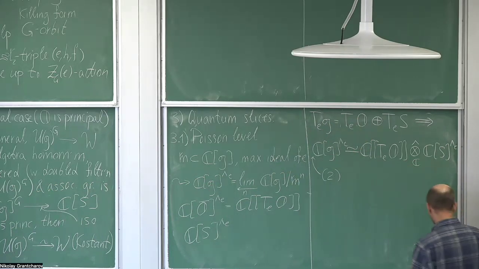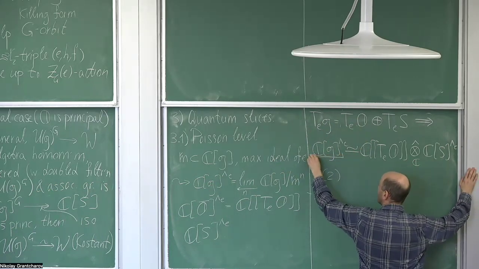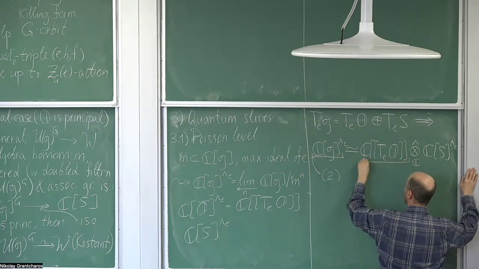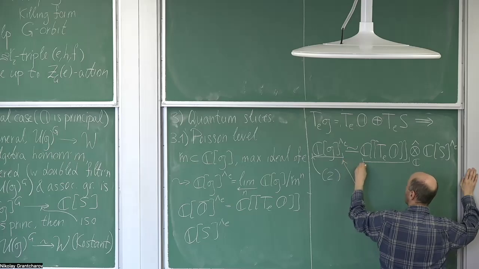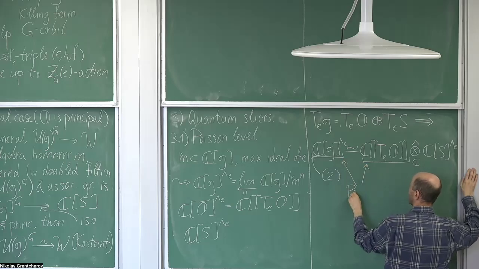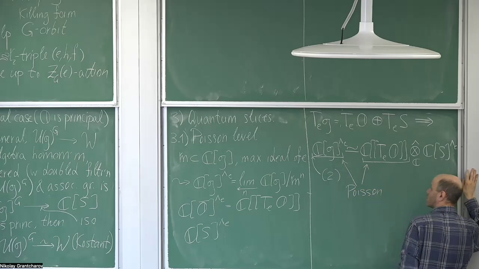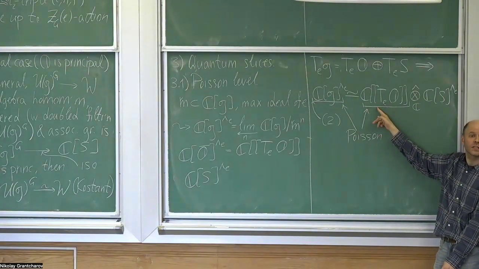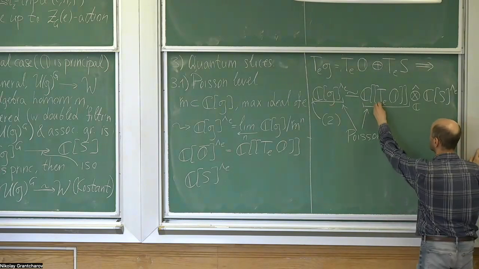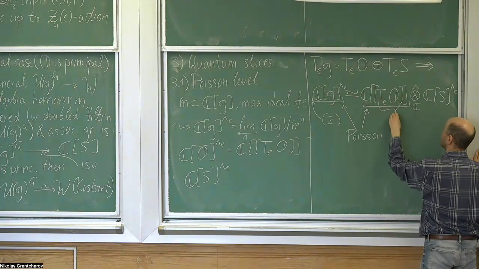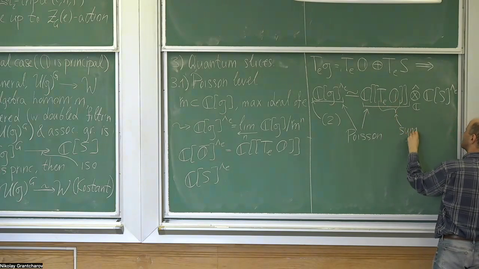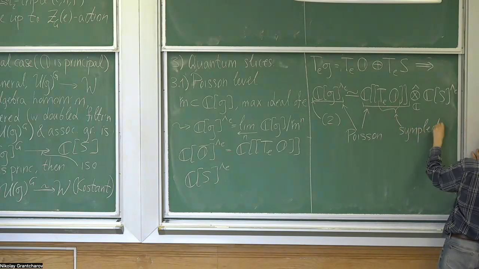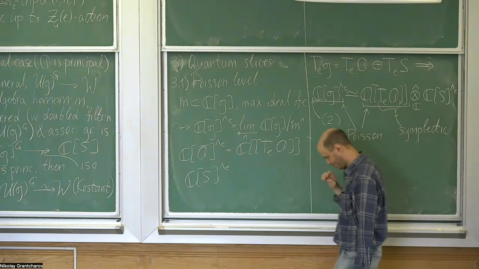Now notice that this algebra here, and also this algebra here, are both Poisson. Poisson bracket extends to any completion, and then T of E is a symplectic vector space. This is the Kirillov constant symplectic form.